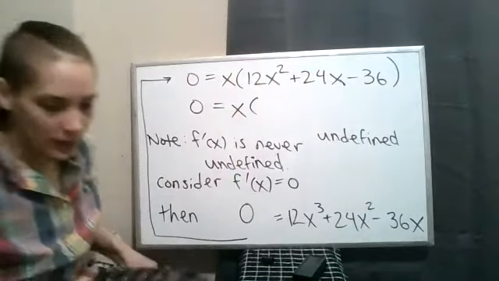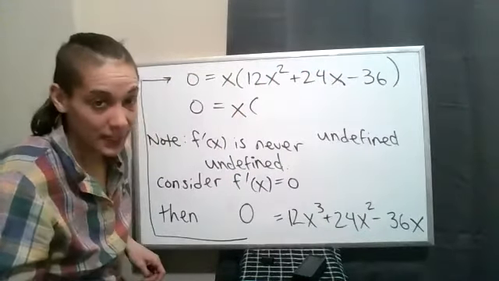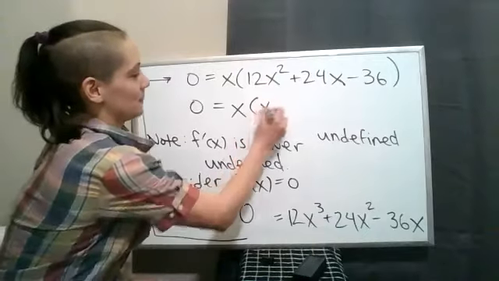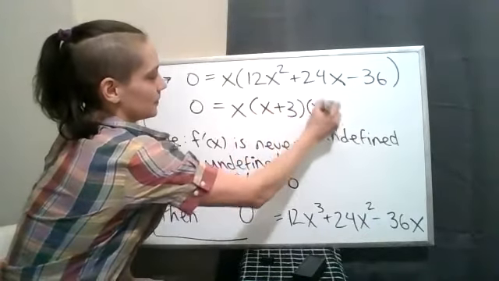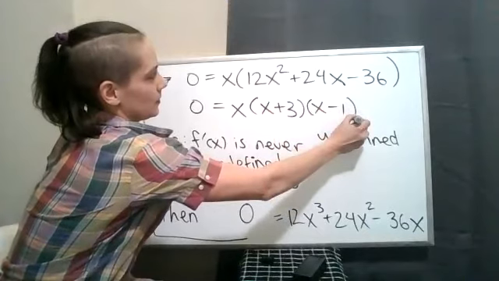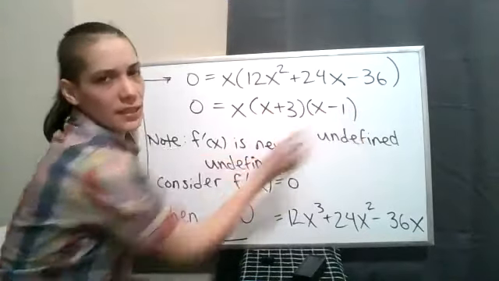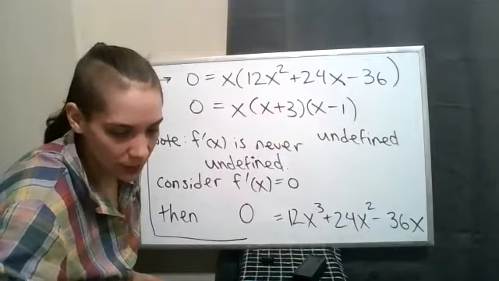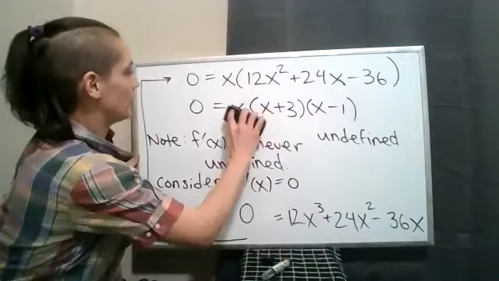This factors into, let's see, x plus 3 times x minus 1. Oh, I need to factor out 12 first.